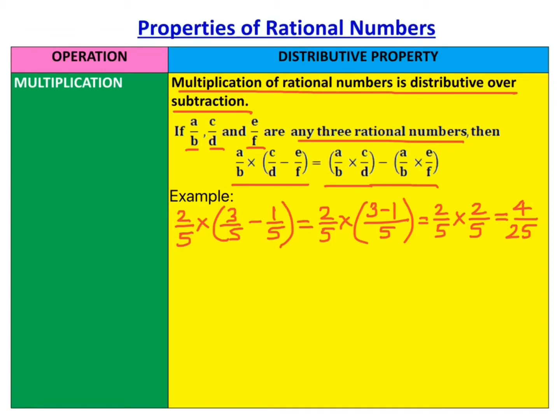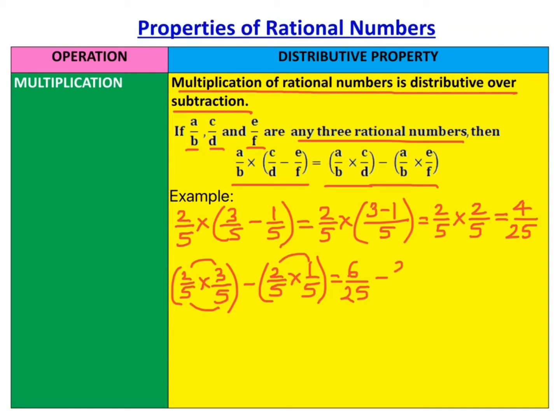Now let's consider 2/5 times 3/5 minus 2/5 times 1/5. Let's simplify inside the brackets. In the first bracket, we don't find any common factors, so let's multiply the numerators together and the denominators together. 2 times 3 is 6, and 5 times 5 is 25, minus 2 times 1 is 2, and 5 times 5 is 25.